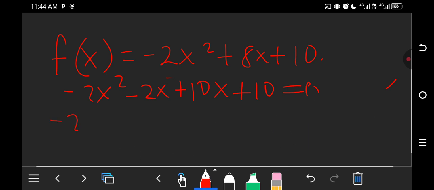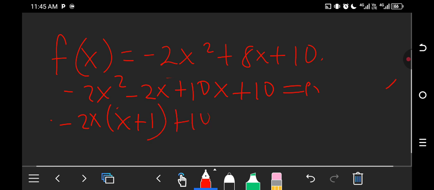I'll factorize negative 2x. What I've remained with is x plus 1.